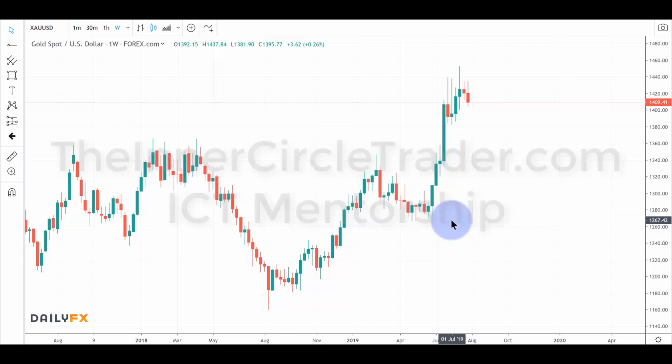Now, for your further study and understanding, you want to look in these areas right in here where we did our consolidation, compare that with the dollar index, and also compare the lows down here with the dollar index, and also compare where we are right now with the dollar index. And I'm referring specifically to SMT and seasonal tendencies.